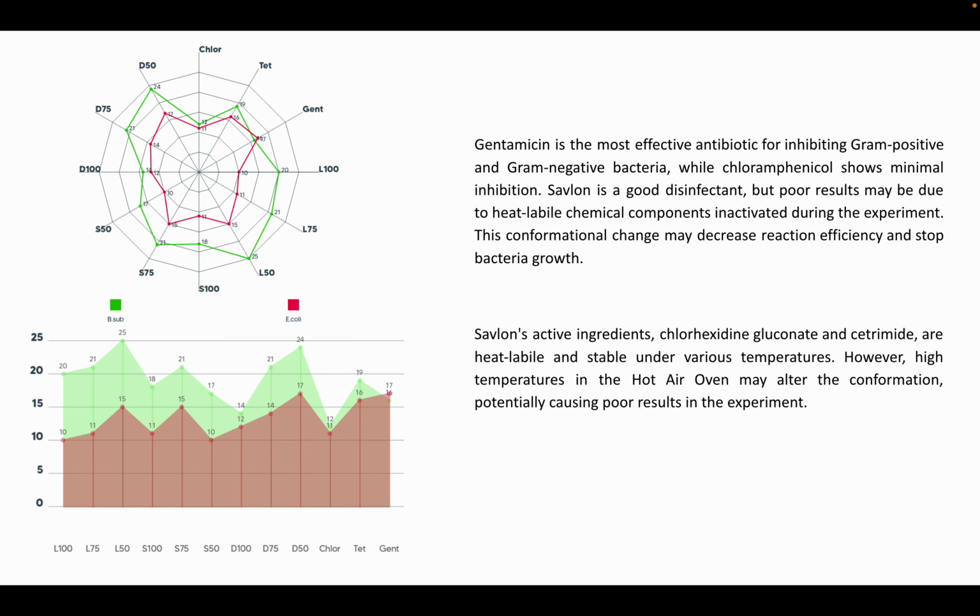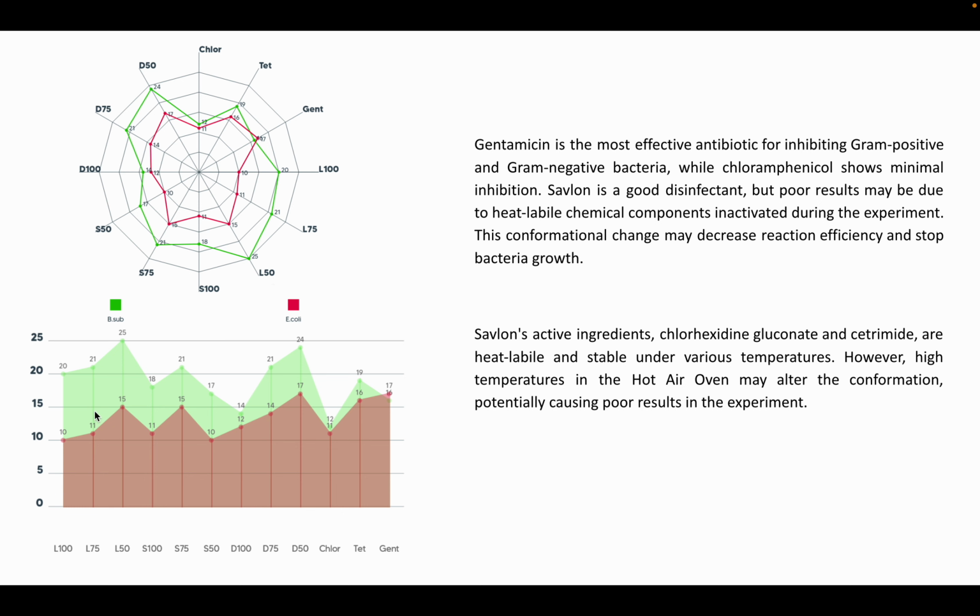As we have seen, Savlon worked best at 75% concentration in both gram-positive and gram-negative bacteria, but when we had heated the Savlon solution, it reduced considerably. So that might be one of the reasons. But here again, from this particular graph, we can come to a conclusion that gram-positive bacteria are more properly inhibited than gram-negative bacteria.